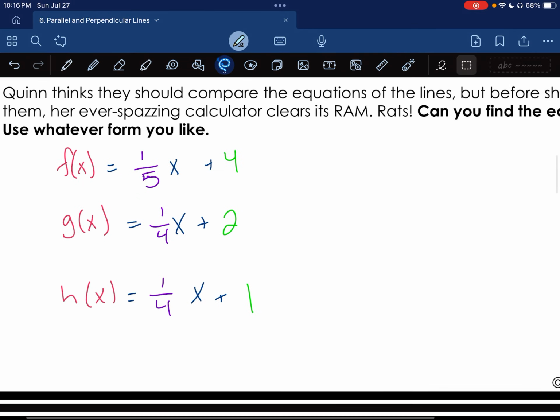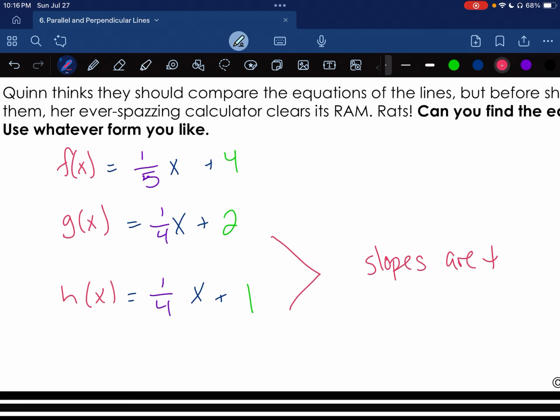What do you notice here about them? Well, I happen to notice that for g and h, the slopes are the same. 1/5 is kind of close to 1/4, they're both kind of smaller fractions, but g of x and h of x have the same slope.